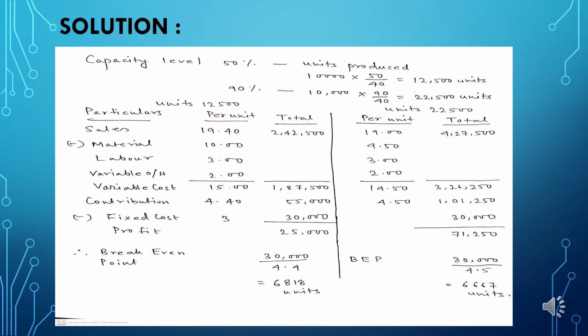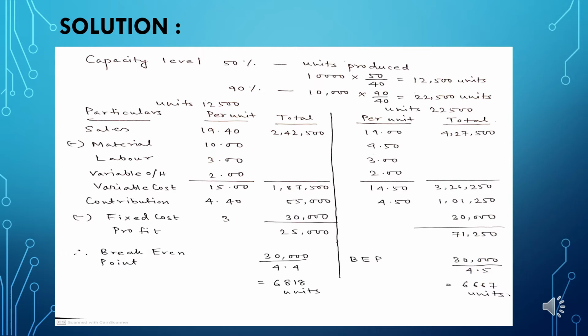Now in this case, the variable cost can be subdivided into the material cost, the labor cost, as well as the variable overhead. Now fixed cost will be the fixed overhead, but the variable overhead will come under variable cost.